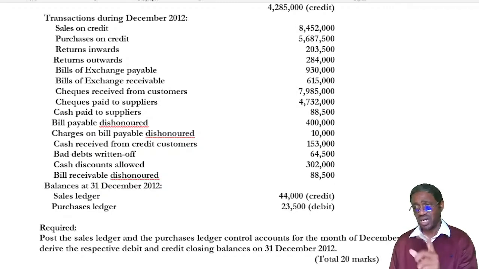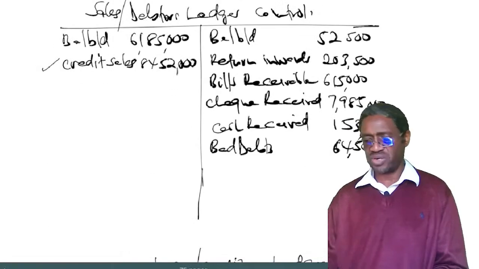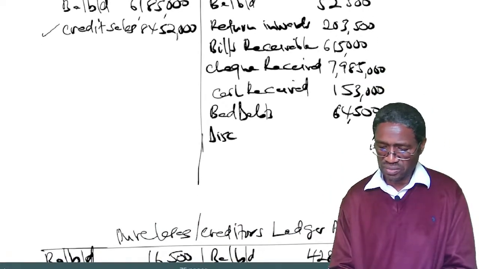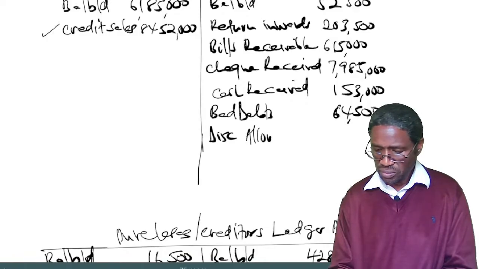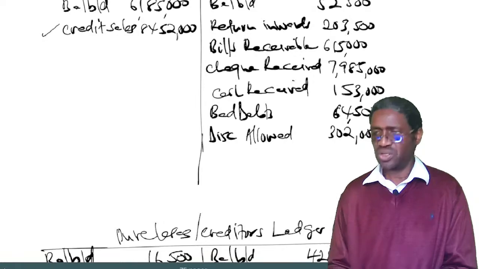So this is discount to customers, not from suppliers. And the discount allowed is 302,000. Good. Come and put it on the credit of the debtors. So come and say discount allowed. 302,000. Good. Next one.